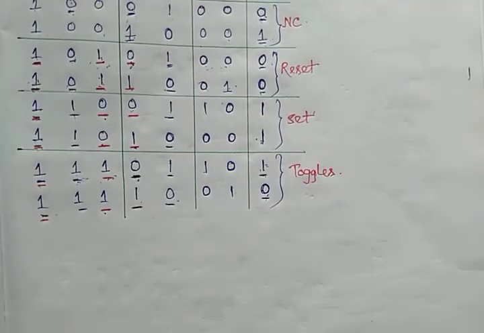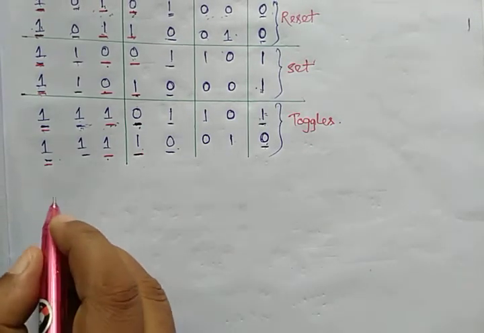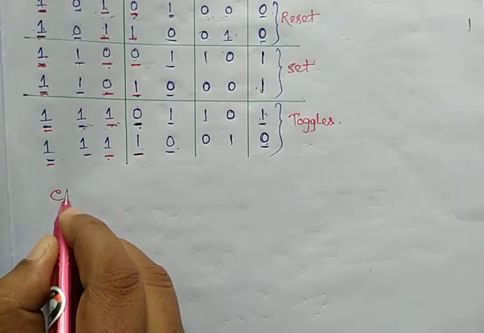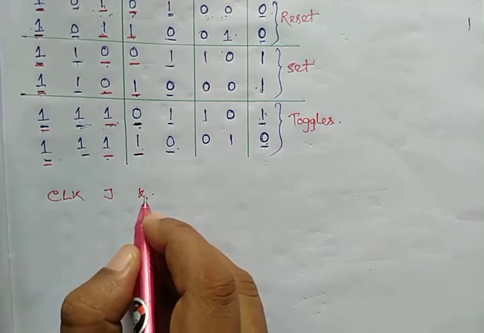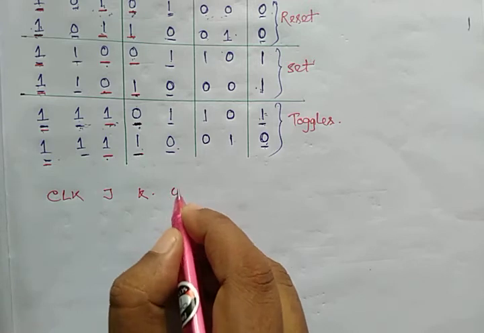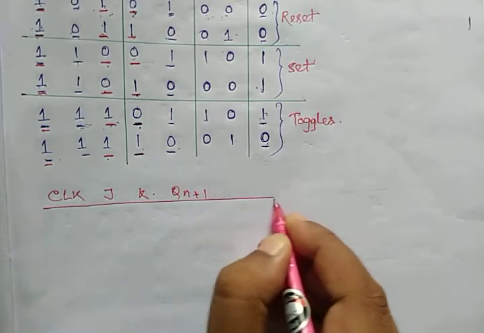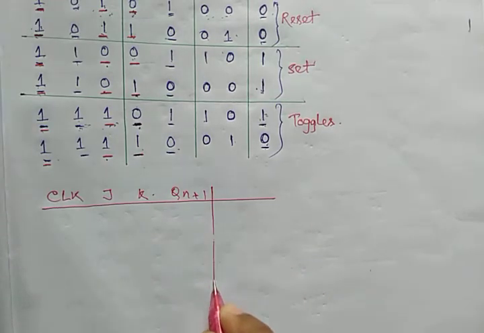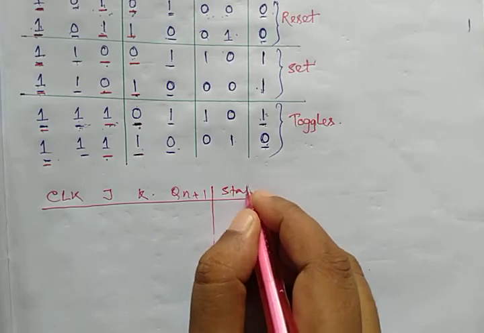Okay. Now this is the explanation of the truth table. From this truth table, we came to the conclusion: clock, J, K, Qn plus 1, and this is our state.